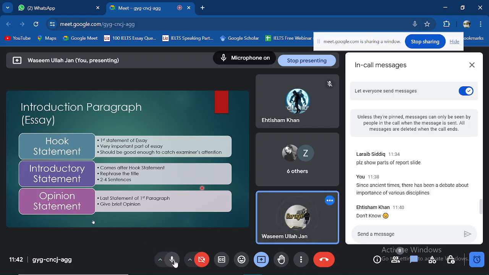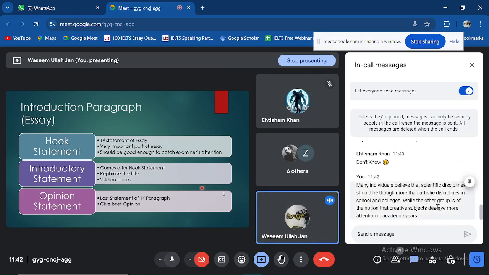Okay? So if you can check the meeting chat, you can see that I have written for you an intro statement. It is of 2 sentences, like minimum we are allowed 2 sentences and maximum it should be 4 sentences. After you have written your intro statement, you are supposed to write your opinion statement. Here it is only 1 sentence or 12 to 15 words, maximum 20 words.